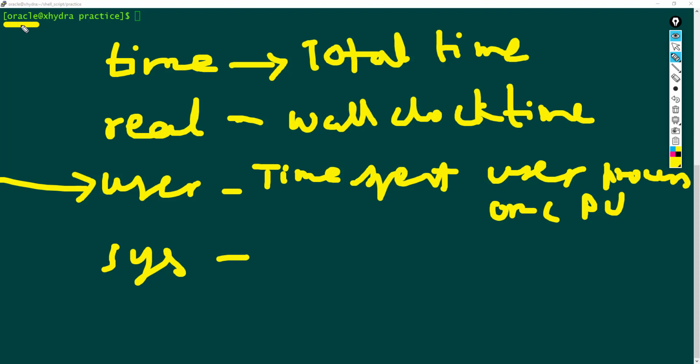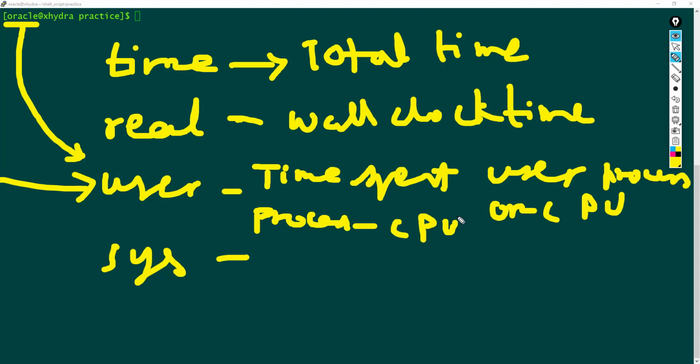And if I am executing any command or job or any shell script using this user, this is considered as a user process, right? And this user process needs some process to execute the job or task, and that process needs CPU to complete the task.